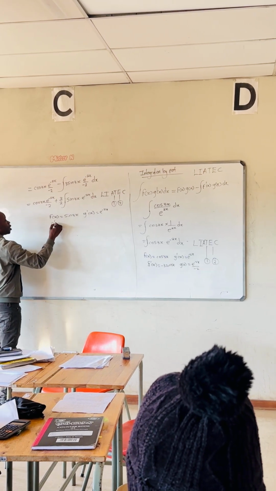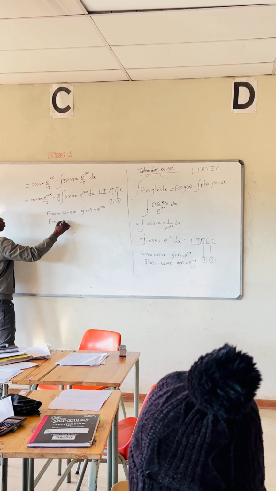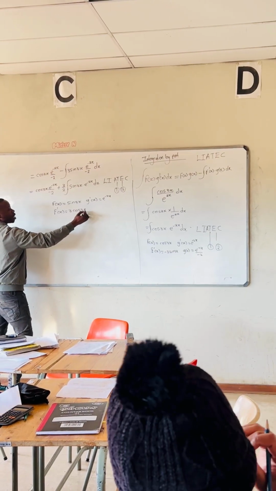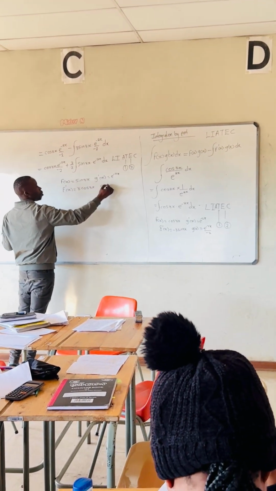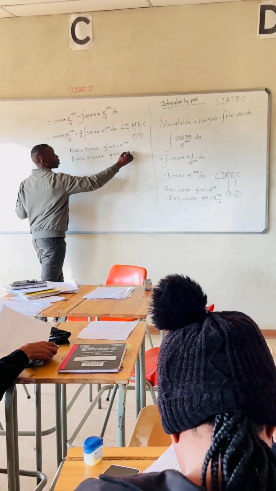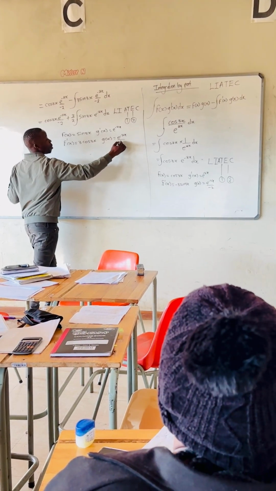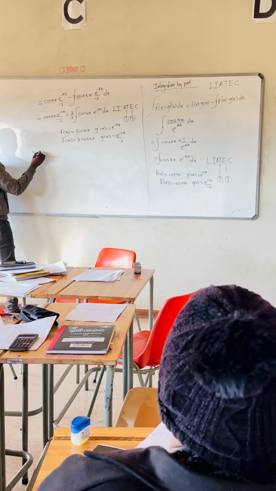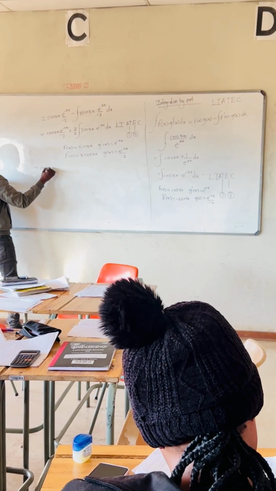You find the derivative. What will it be now? It will be 3 cos 3x. And here it remains the same, divided by minus 3. So already this is part of your solution; you rewrite it the way it is.